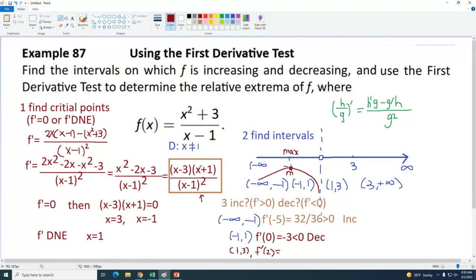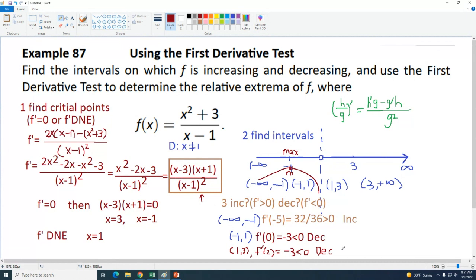So -1 times 3 is -3, which is negative. That means it's decreasing on 1 to 3.